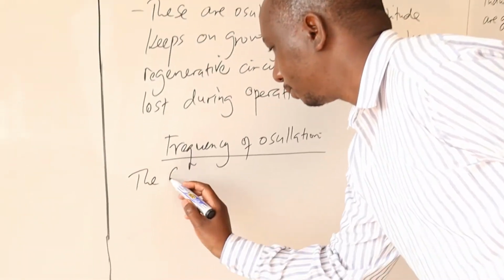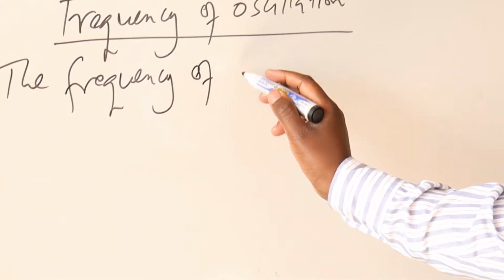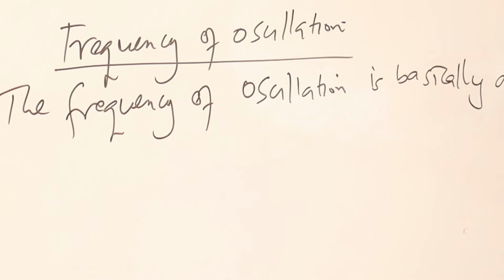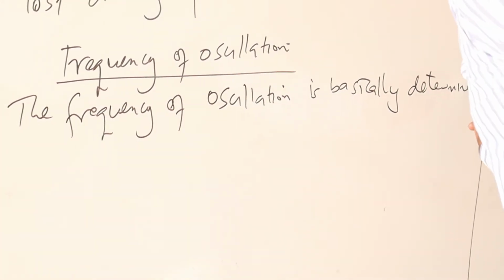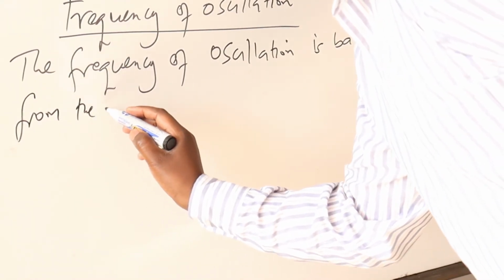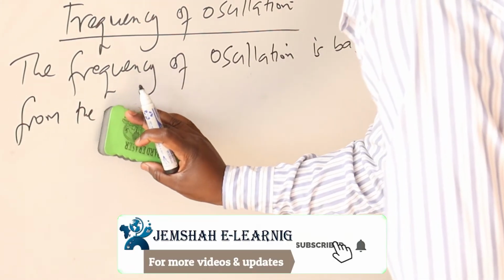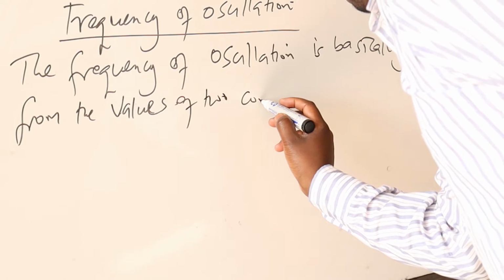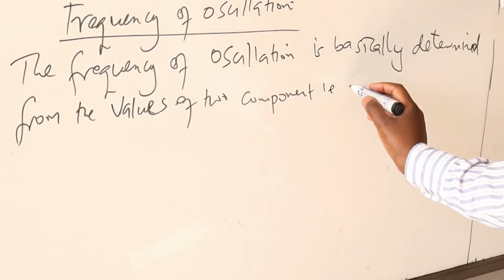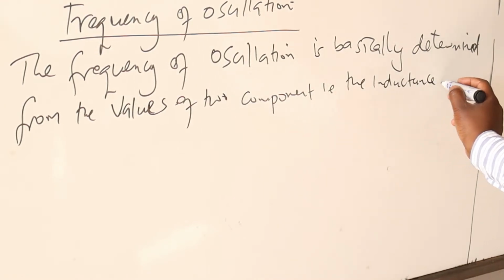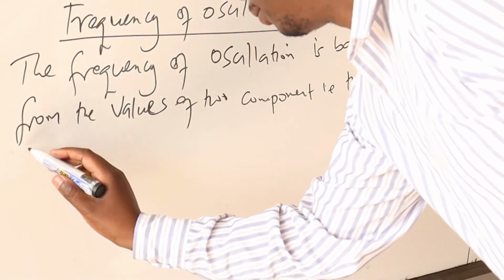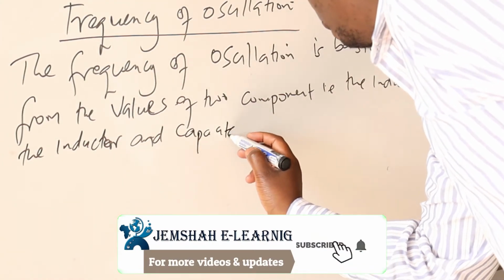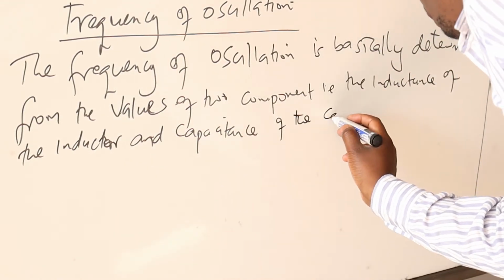So the frequency of oscillation is basically determined from the values of two components, i.e. the inductance of the inductor and the capacitance of the capacitor.